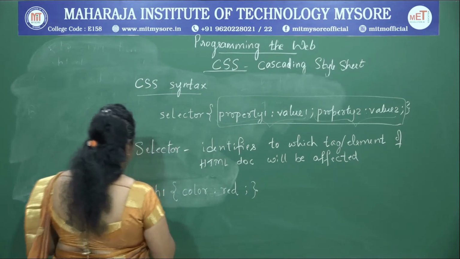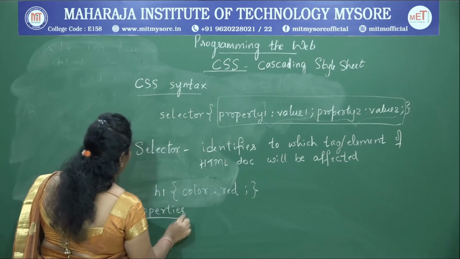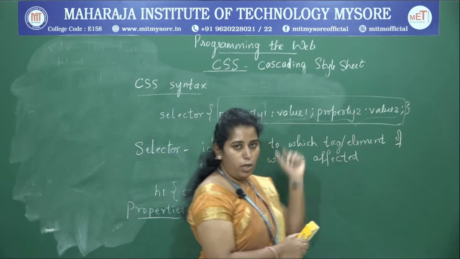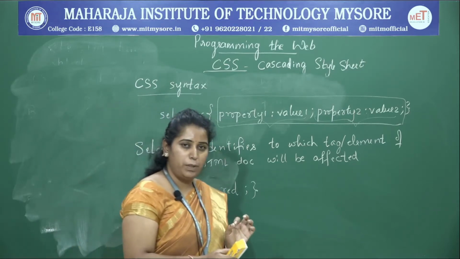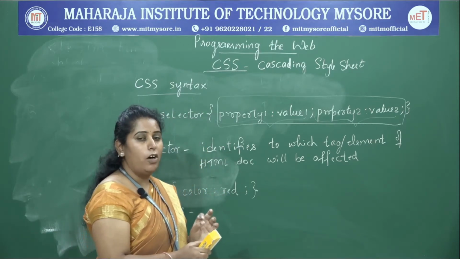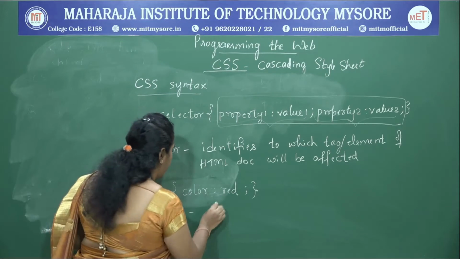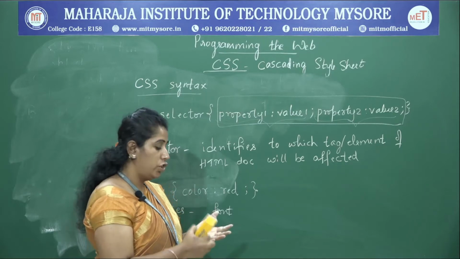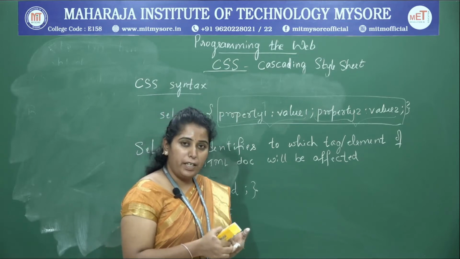Next is about properties. I have given here property 1, property 2, and so on. What type of properties can you use? Already we have worked with simple programs, so you have got to know a few properties like color or align. There are varieties of properties. For example, font is a property used for changing the font size, font color, font family, font variant, and so on.